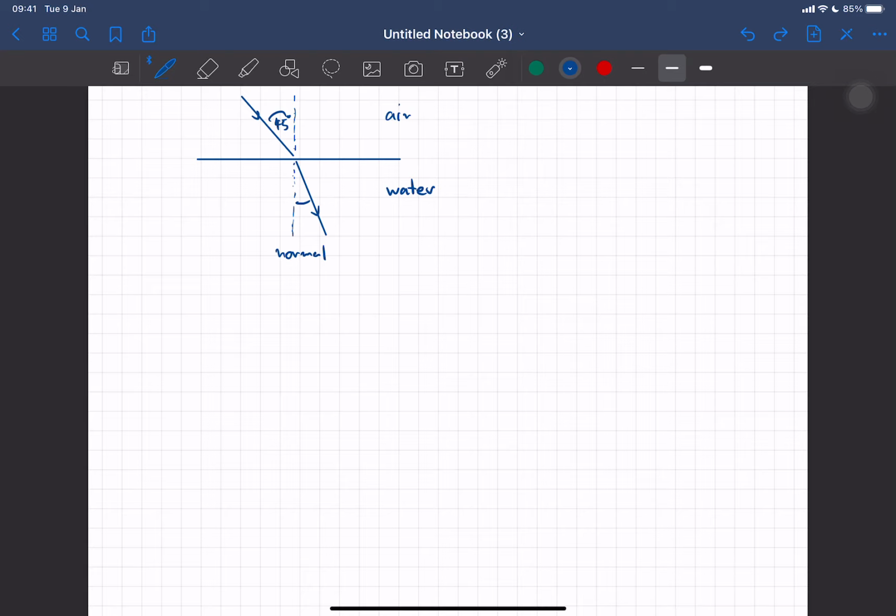So let's say we want to calculate the refracted angle. We have n air, n1 equal to 1, and for water let's say n2 equal to 1.3, roughly speaking, and n1 times sine of 45 degrees equal to n2 times sine of theta t, using Snell's law here.